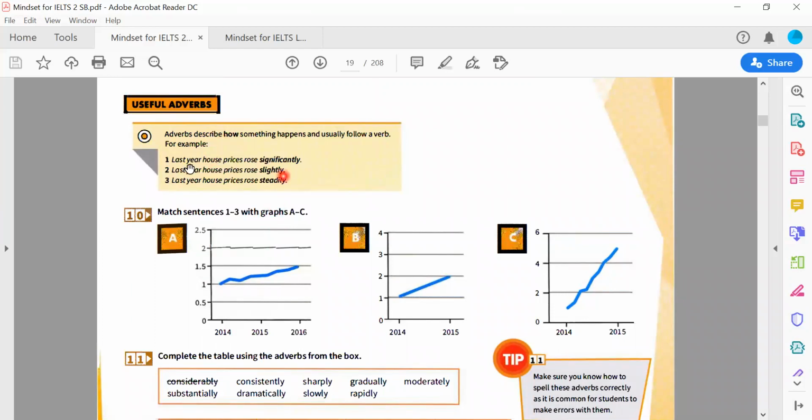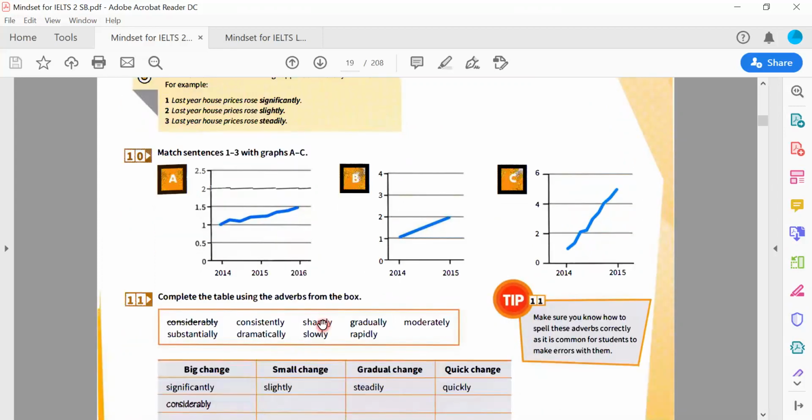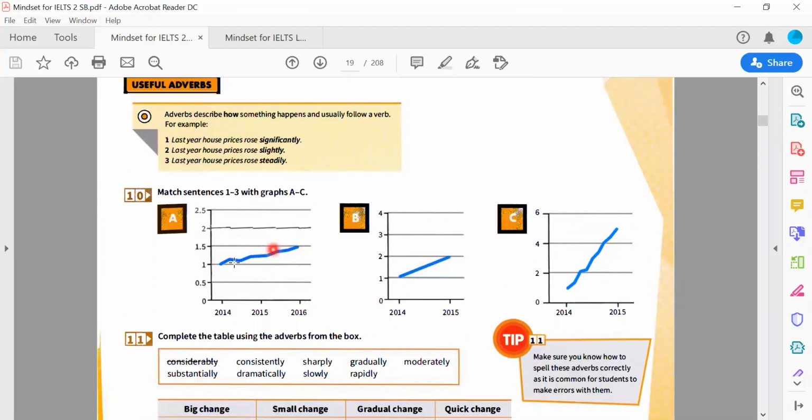For example, significantly: last year house prices rose significantly. You use the verb and adverb, both of them, and they really help. And for example, it says last year house prices rose steadily. So in here, who can say which one describes last year house prices rose slightly, A, B, or C?